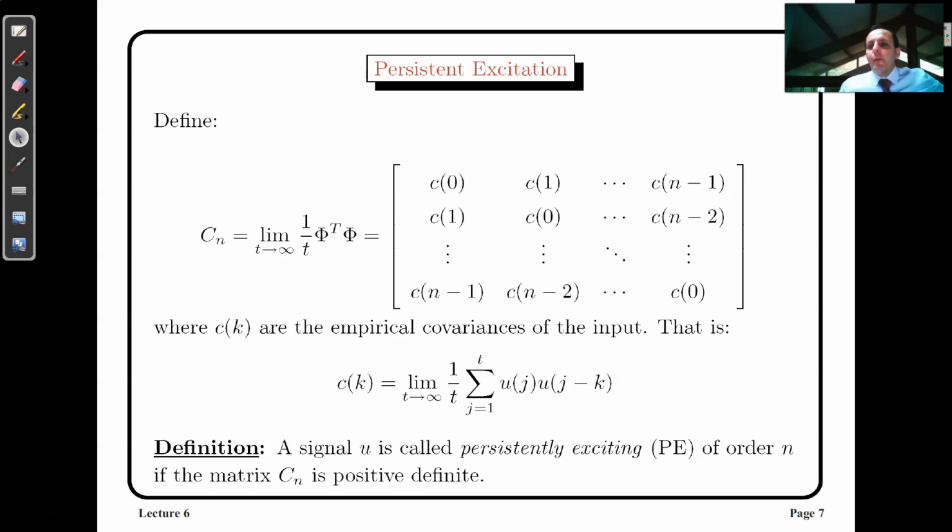Normally, in the linear case, if you assume, for example, a white noise input, these conditions are always satisfied.